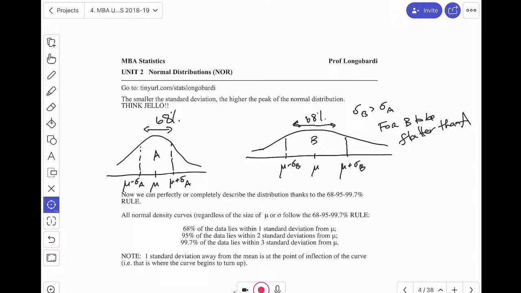Okay, so this is like clay, or you can think about Jello in a mold. If you have the same amount of Jello in different shapes, still 68% of the mold should be within 1 standard deviation from the mean in either case. So the peak for B should be down further than A's peak.